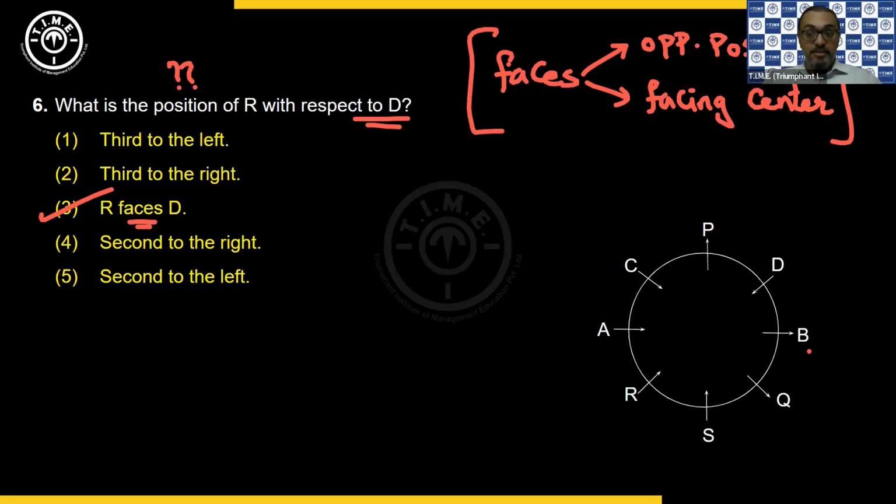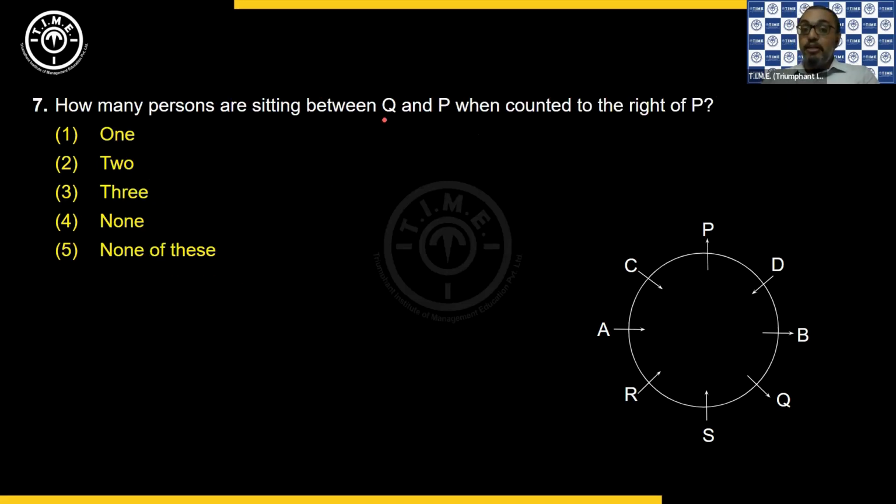You can only say that A and B are opposite to each other. C and Q are opposite to each other. P and S are opposite to each other. But R and D, you can say faces. Excellent. That is correct. Then how many persons sit between Q and P when counted to the right of P? Tell me.